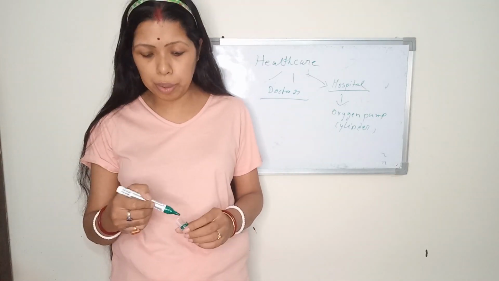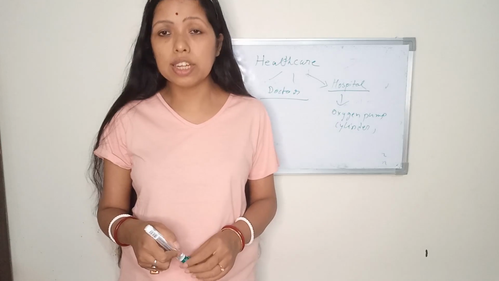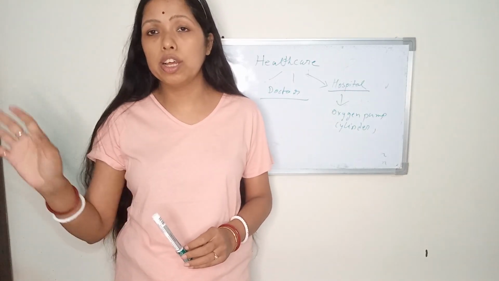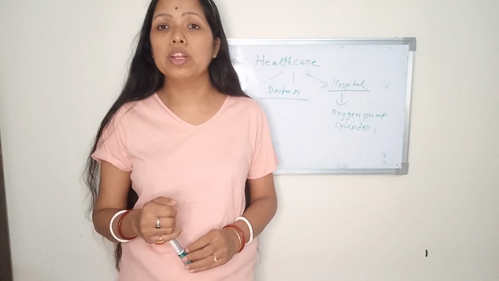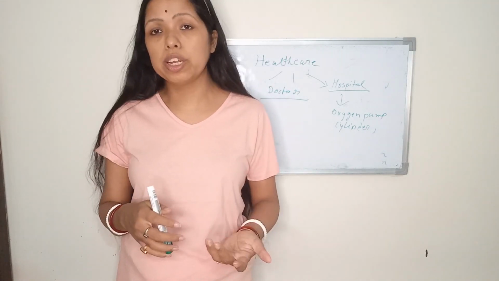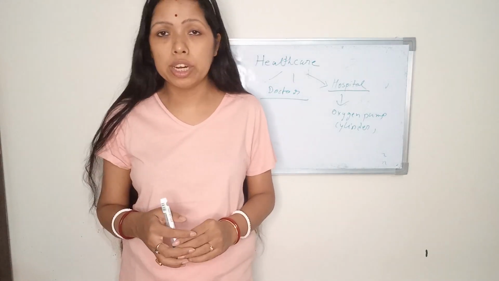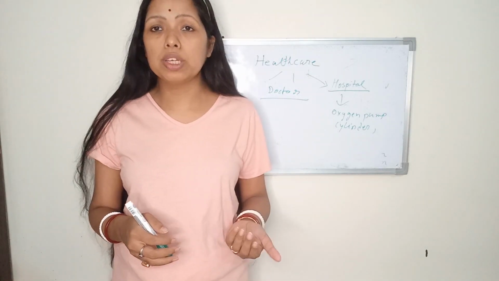Suppose one oxygen pump or oxygen cylinder is required immediately. Whether it is available in the hospital, in a godown or in the storeroom, the IoT device can detect it, and management can see the available data.